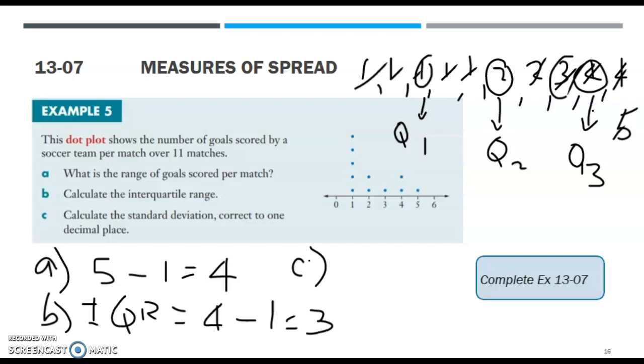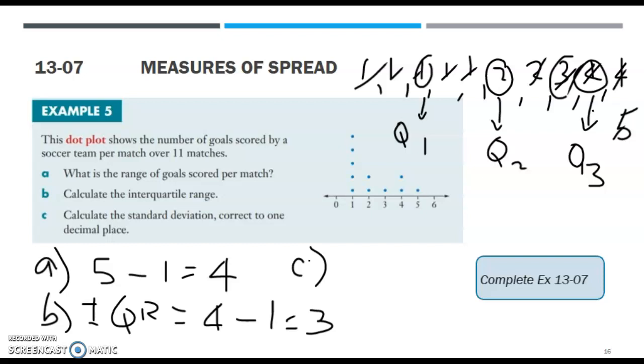And if you follow the directions there, it'll say go press mode stat 1 VAR. Then you press shift 1, which is edit, and then you go delete. And what that does is zero out any scores that may be still stored in there.